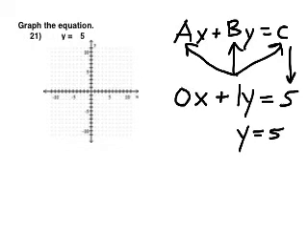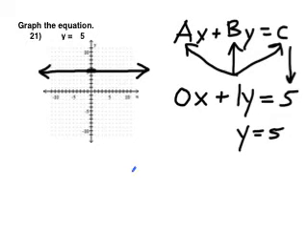And where is y always 5? Well, first thing to do is plot the intercept and then draw the line right where y is 5. That is y equals 5. If we were doing a different one, like x equals 3, well, where is x always 3?